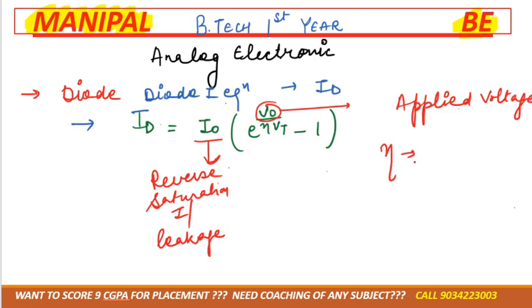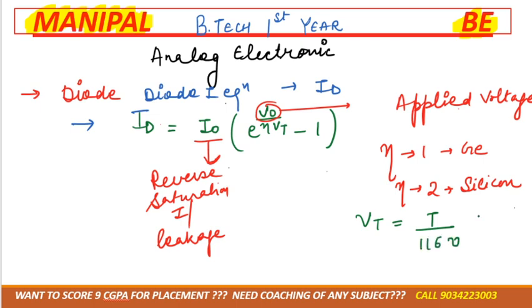Eta is a constant basically, 1 for germanium and 2 for silicon, and V thermal voltage, where we have to convert the temperature from Celsius to Kelvin only, the Kelvin only.